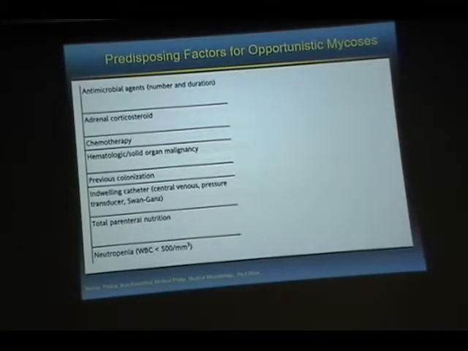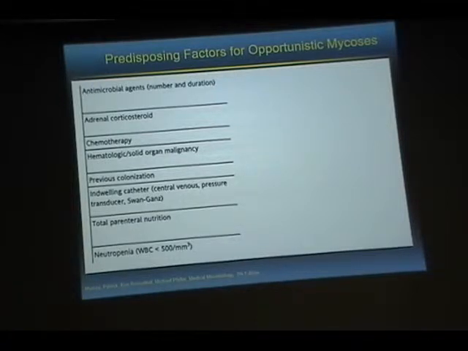As you can see, a lot of the time, 50 to 60% of the time, fungal infections are opportunistic or caused by opportunistic fungi. These are the predisposing features of opportunistic mycoses. First are antimicrobial agents like antibiotics that can kill off some of the good bacteria and let the fungi invade the system.